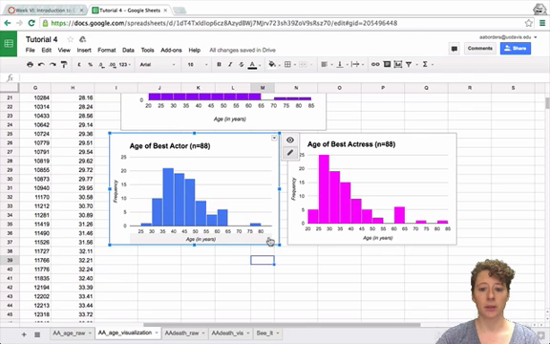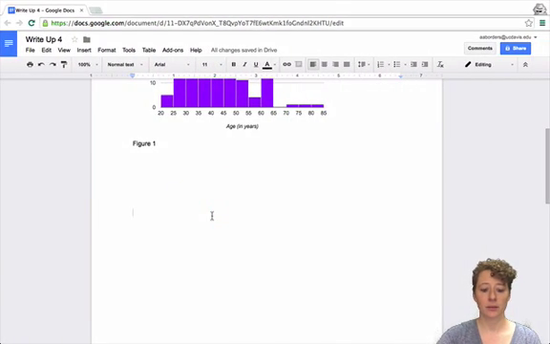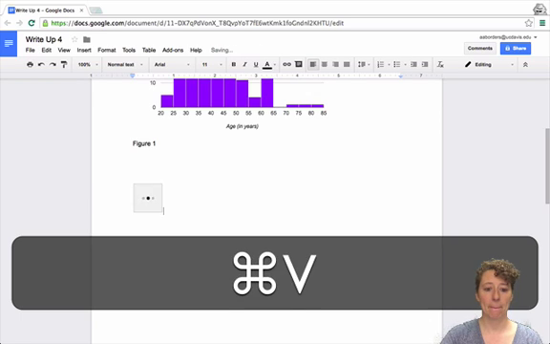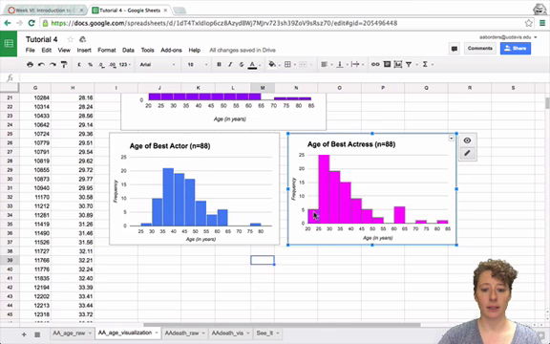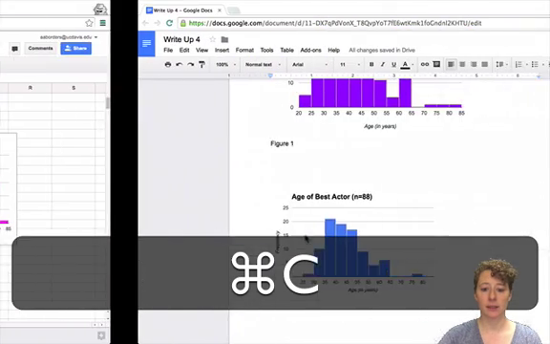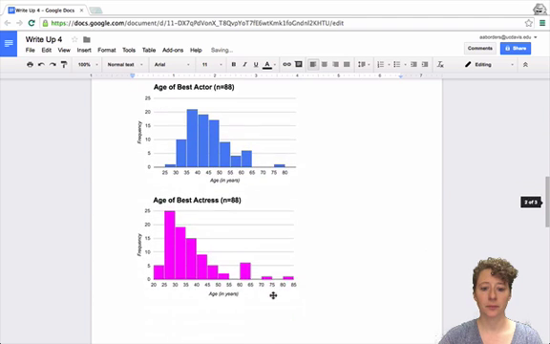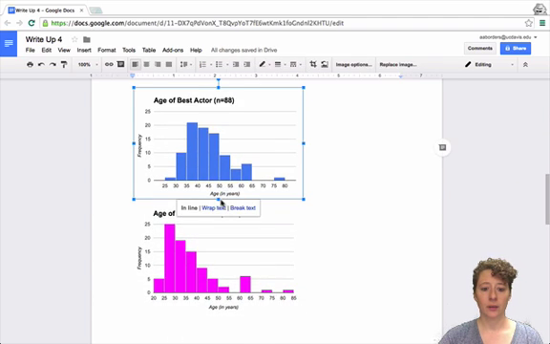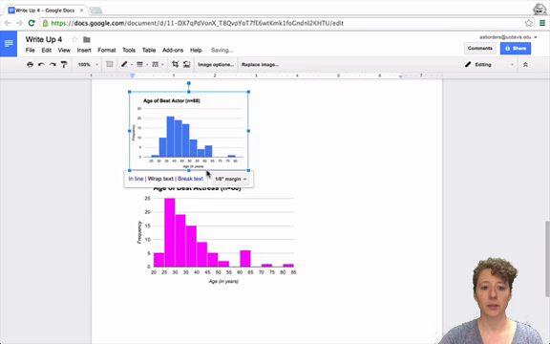Let's grab the actors, put them in, and the actresses, copy and paste. I'm going to do wrap text for both of these. A little bit smaller.